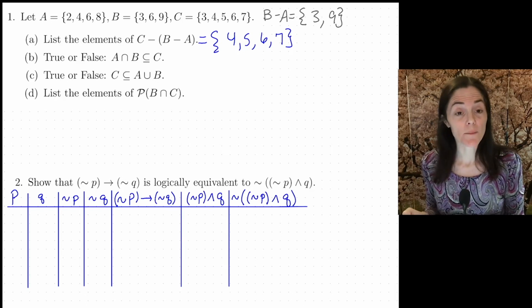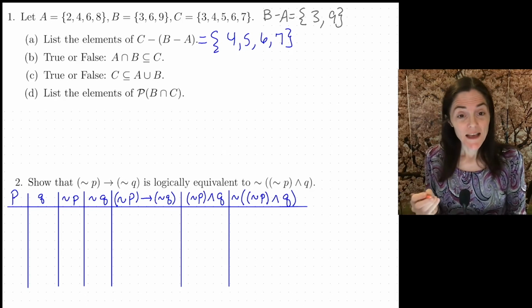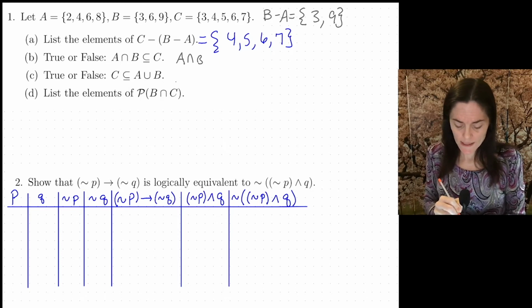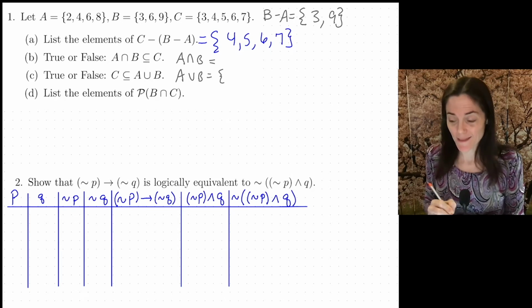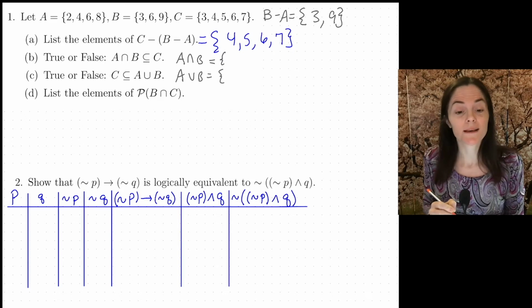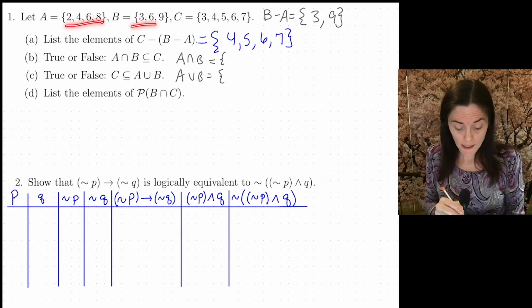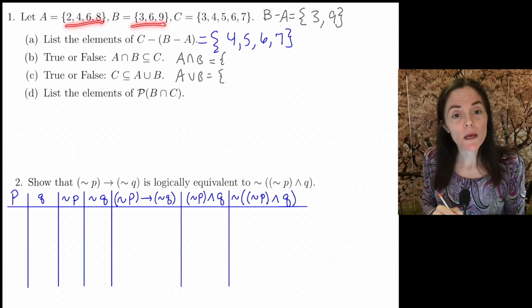Now we have some true false. Well, I want to say something about A intersect B, and I want to say something about A union B. So let's just write these sets, and then we can answer the true false. A intersect B, we take here and here. What's common to both?